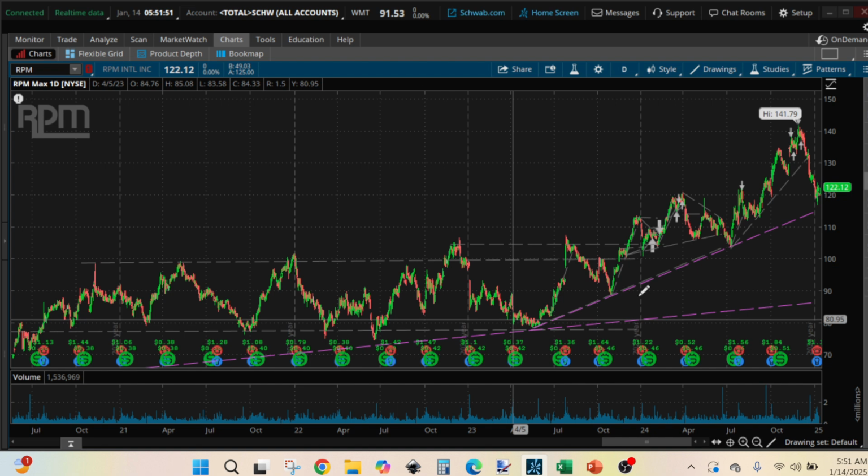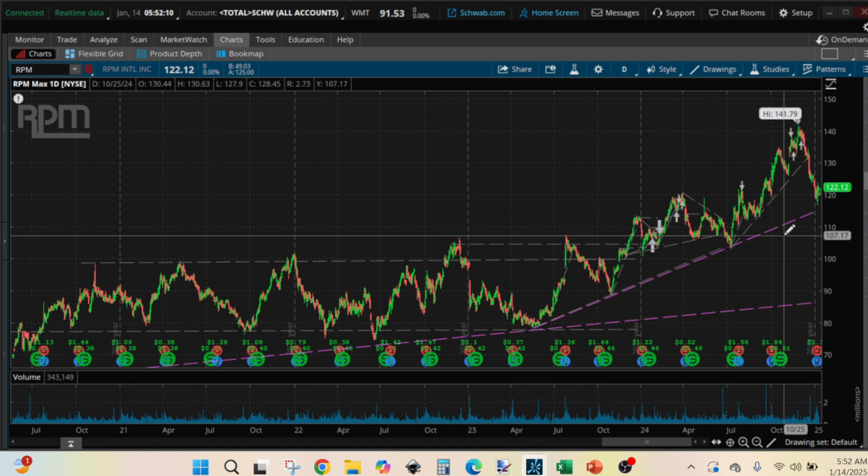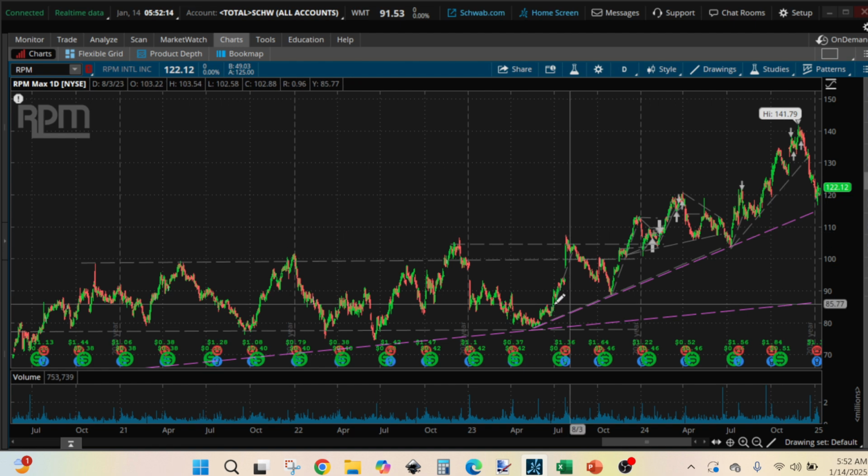It could be coming down to here, or it could just continue up from here. So those are things to consider. That's why, with the long trend line swing trading strategy, I don't want to be following it up. I want to wait at a lower trend line, a valley that I know it is going to come down to, even if it's going to take a while to come down to it.